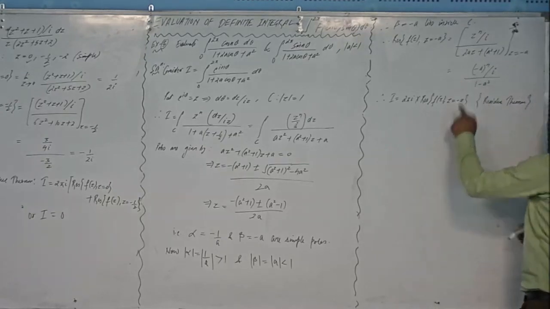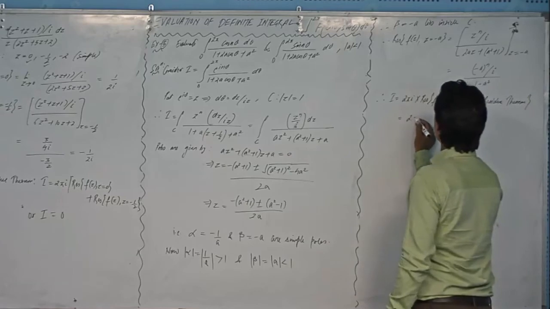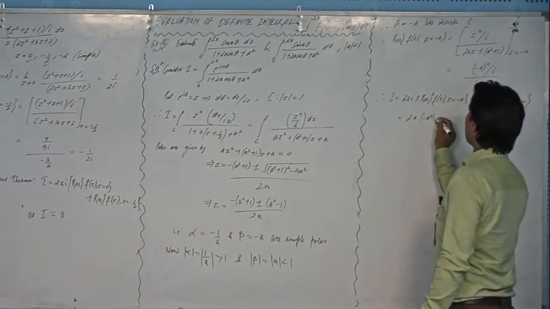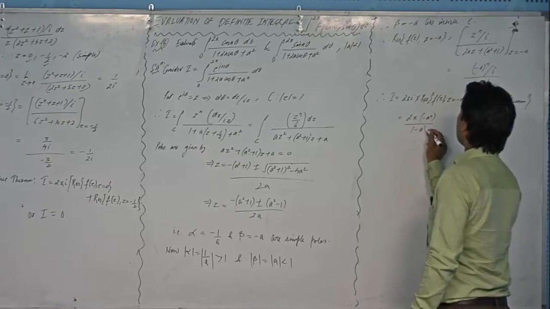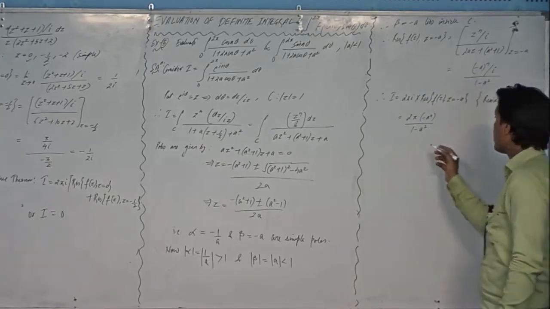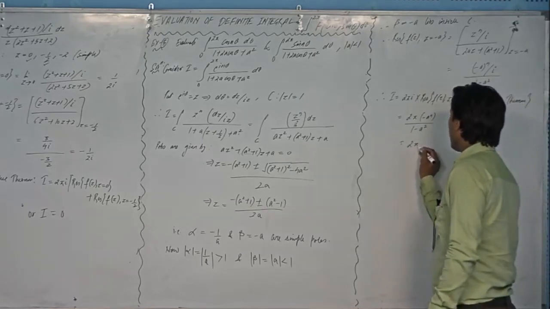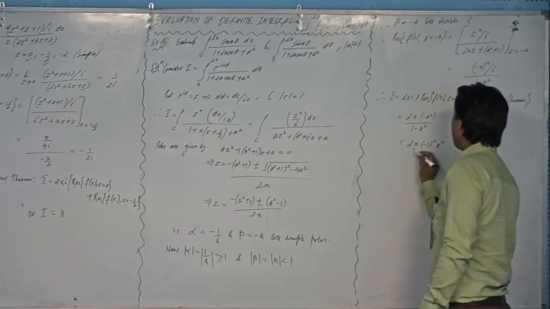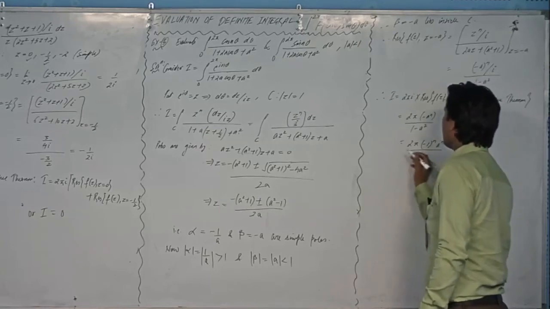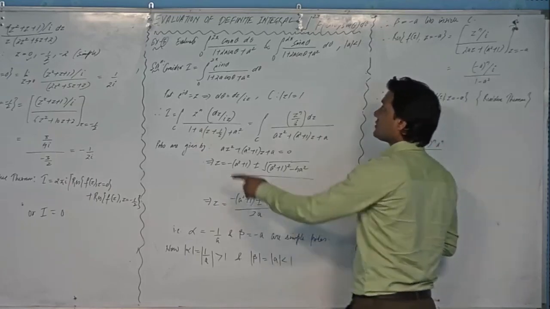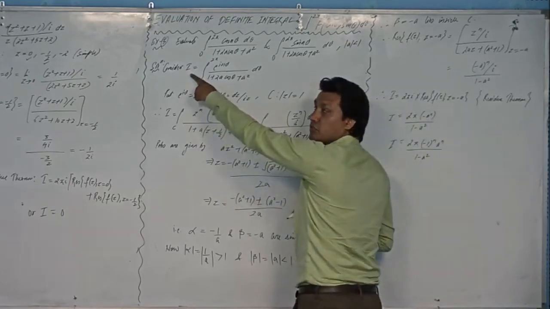Multiplying this by 2 pi iota, I will get 2 pi, iota will be cancelled, you will get minus a to the power n over 1 minus a square, right? Or you can write it as 2 pi minus 1 to the power n, a to the power n over 1 minus a square. So this is I, capital I.